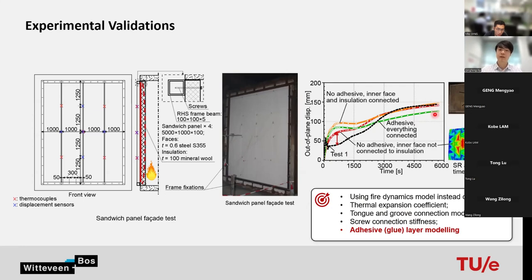So I believe the initial difference between the numerical model and the test was due to the detachment of the glue layer, because during the experiment we also found a lot of buckling on the fire exposed side of the center panel.